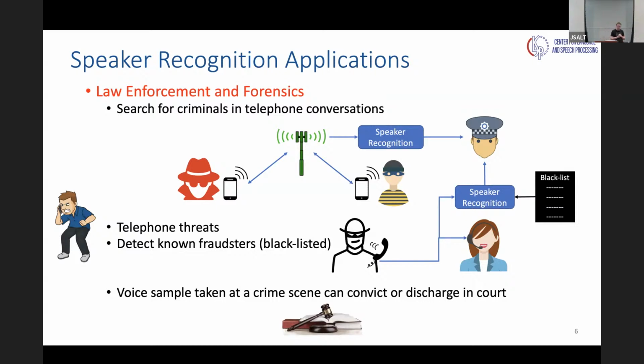So next time they try to commit fraud, that recording automatically goes to the speaker recognition system, and this person is compared with the blacklist, and it can be detected that he cannot commit fraud anymore.